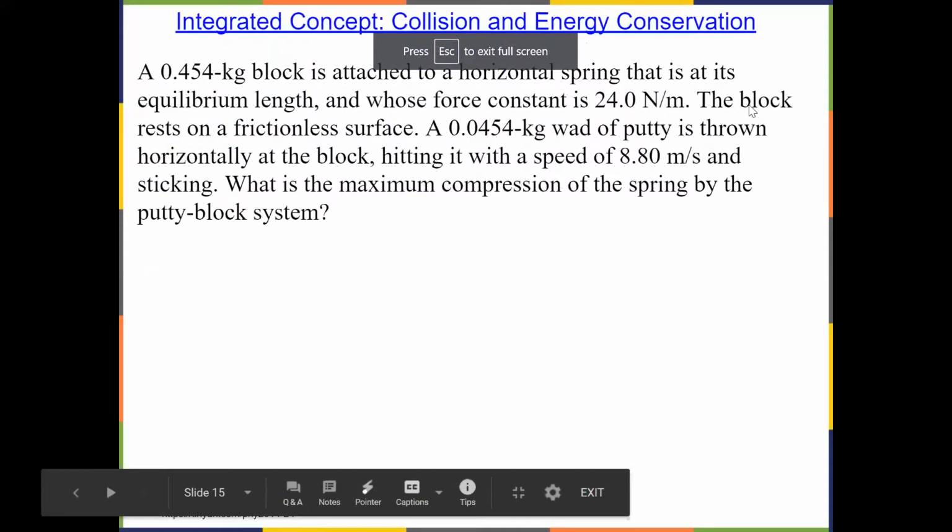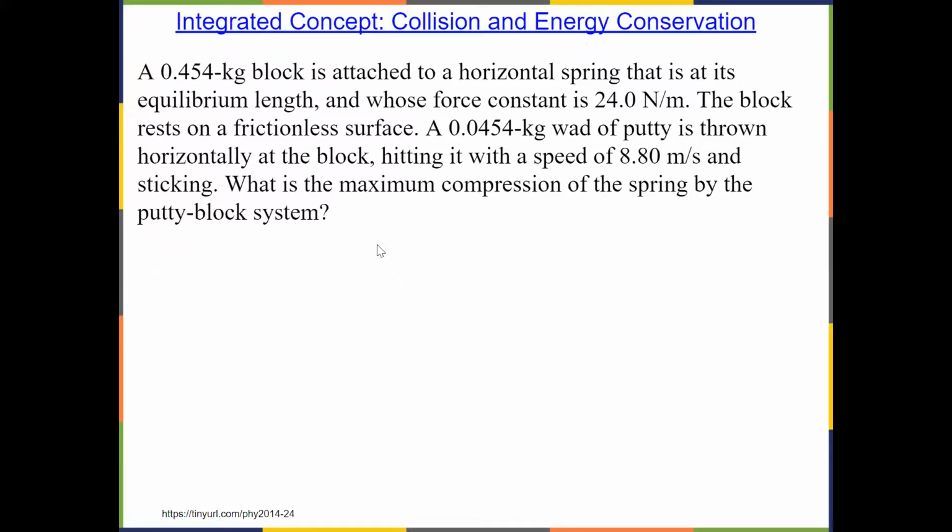So if you guys are clear, we are going to take a look at a final example here for today. This one is the integrated concept. So it's basically collision and then energy conservation. It says a 0.454 kilogram block is attached to a horizontal spring. That's like 1 pound.